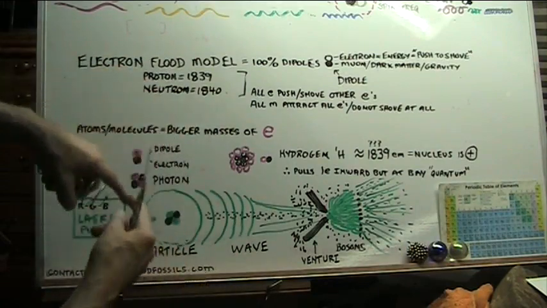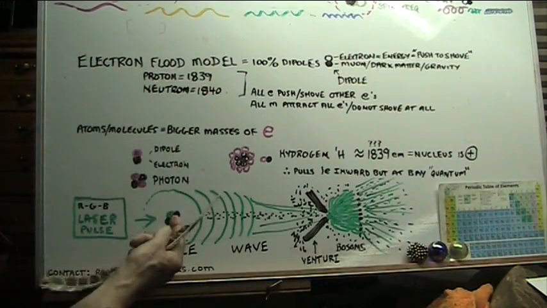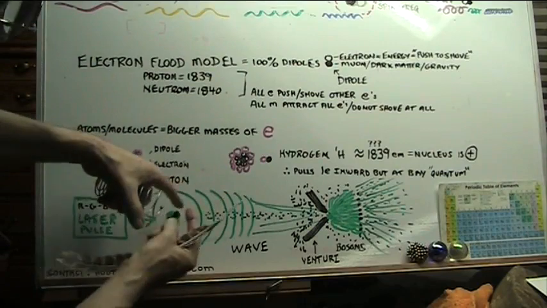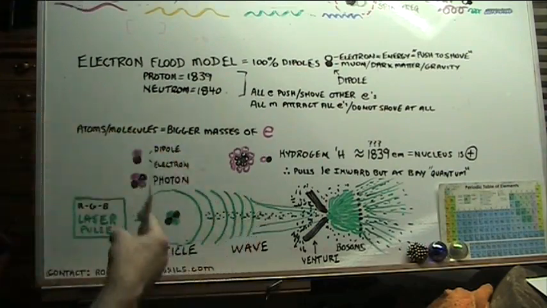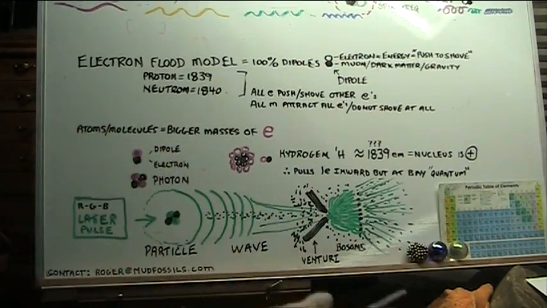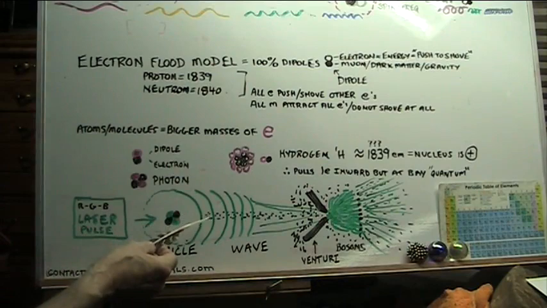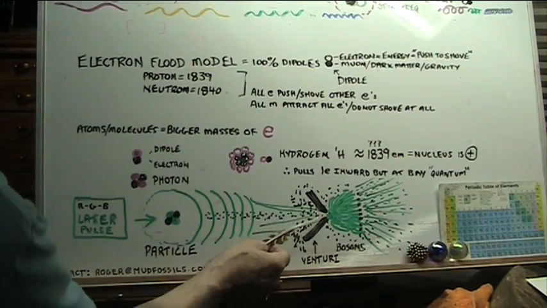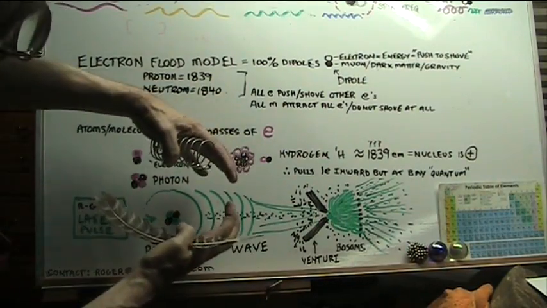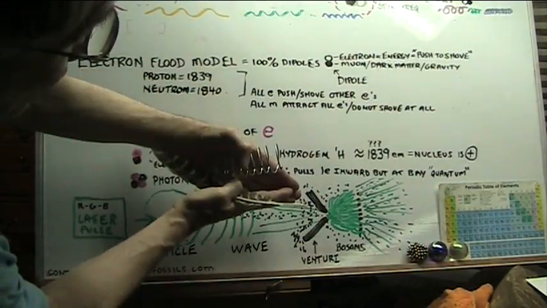It creates a wave, and as it does that, it makes this spin, because it's push to shove, push to shove, push to shove, and that creates the wobble and the spin they talk about. It's all very simple.